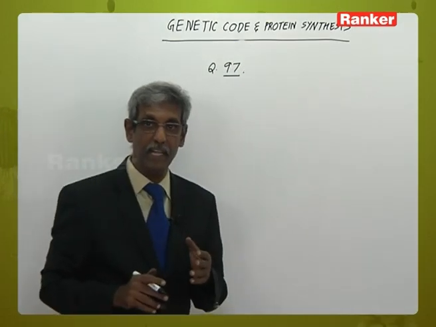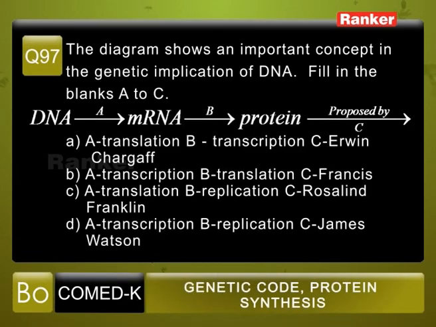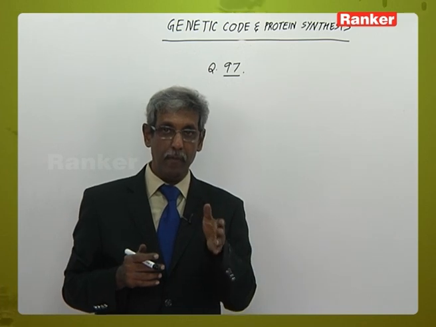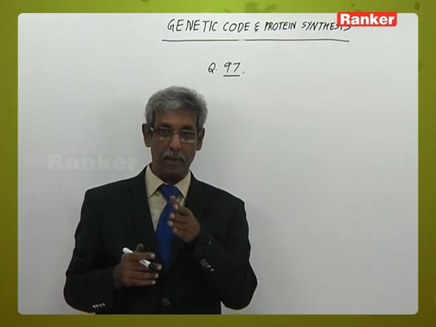Question number 97 deals with the central dogma. The following shows an important concept of the genetic implication of DNA. One of the basic properties of the DNA is it follows the flow of information in the form of codons, anticodons and amino acids.